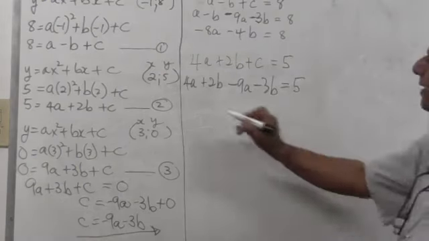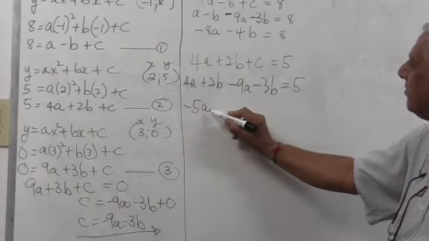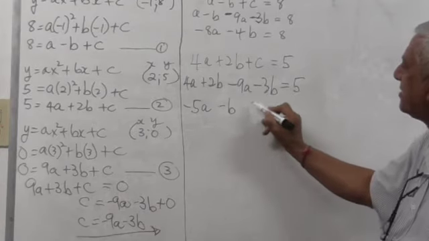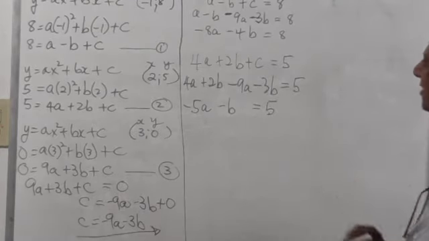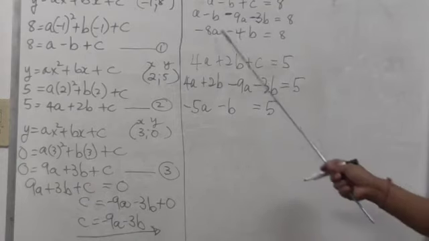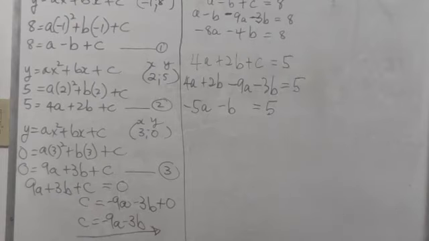Simplify. 4a and minus 9a will give you minus 5a. 2b and minus 3b will give you minus b is equal to 5. Now you have two equations in two unknowns. You can solve them simultaneously or by any other method, and you can get the answer.